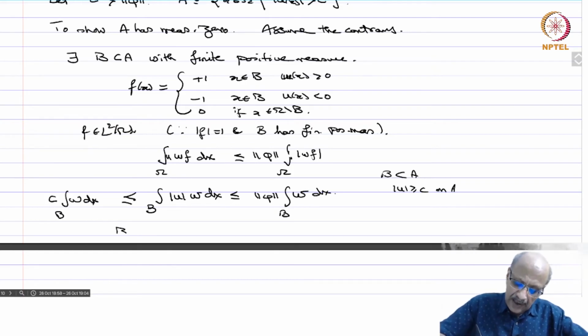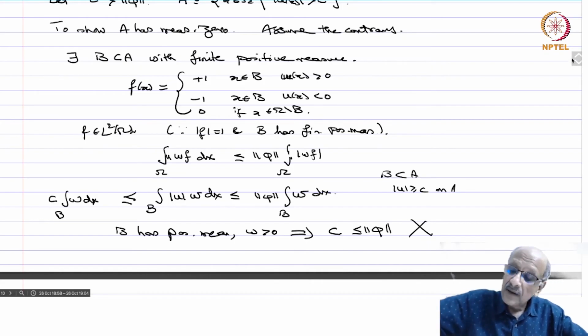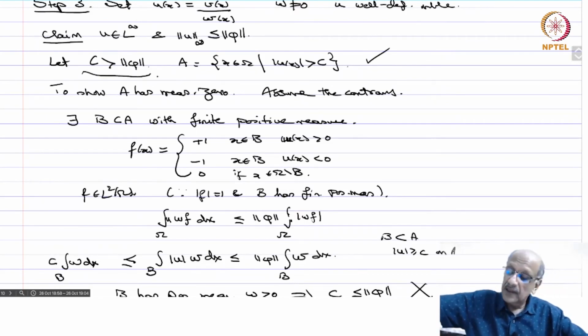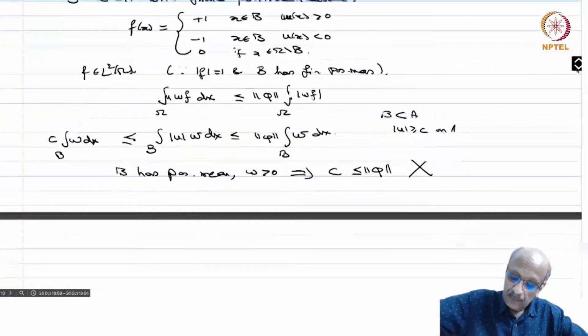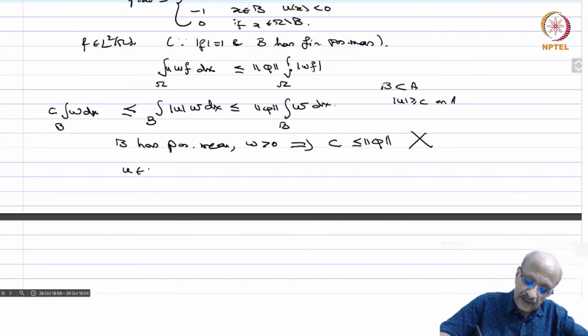But then B has positive measure and w is strictly positive, and therefore the integral of w can be cancelled, so this implies C is less than or equal to norm phi, which is a contradiction because we have taken C bigger than norm phi. Therefore you have that u is in L infinity and norm u infinity is less than or equal to norm phi.